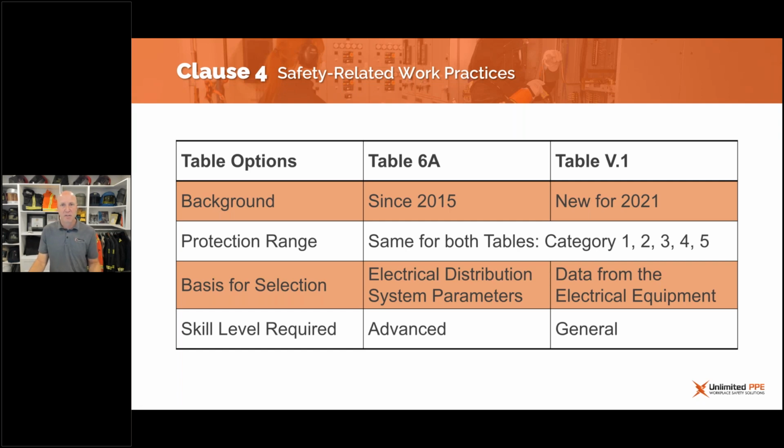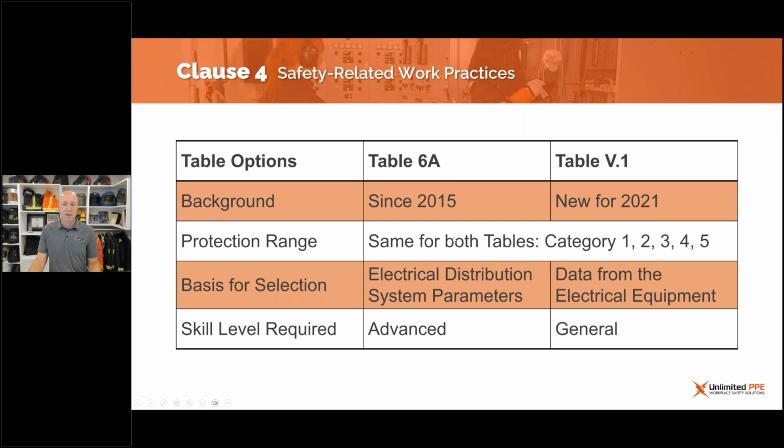On CSA Z462, we did an in-depth review of the table selection method from 2018 and made changes for 2021 to account for new formulas in the IEEE guidelines. So our table 6A is based on engineering principles, and it does have a category 5 requirement.